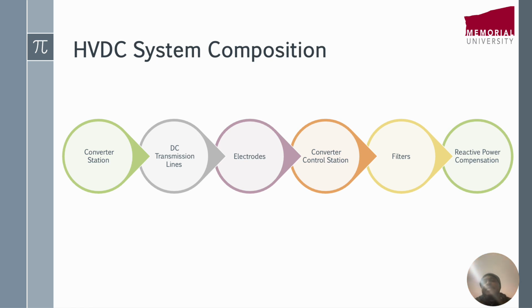During the process, you would have filters to filter out ripples in the AC quantities if need be. On the receiving end of the HVDC system, there may be a reactive power compensation unit installed if need be.